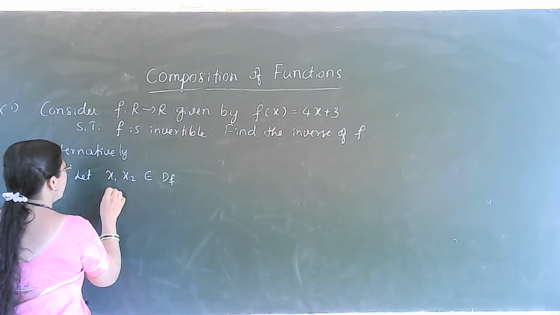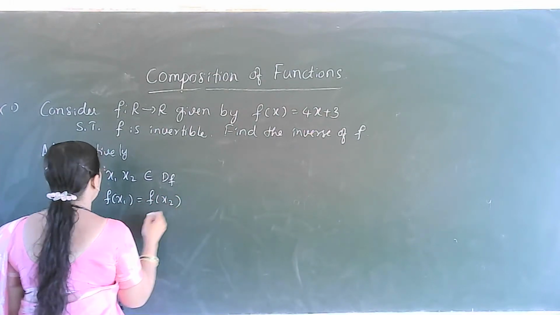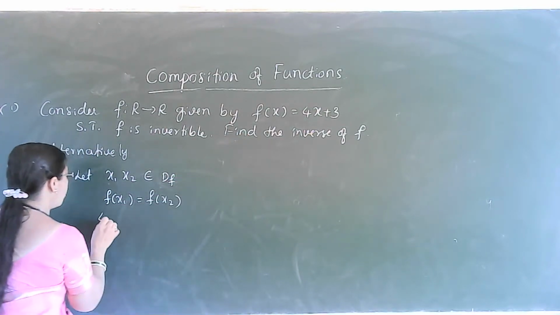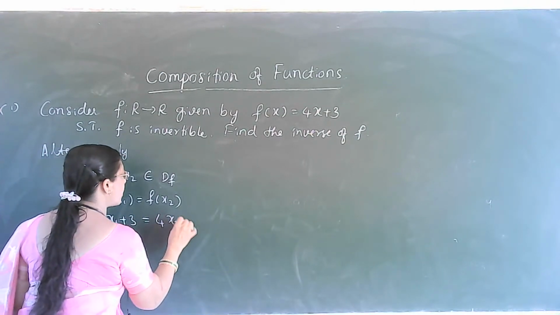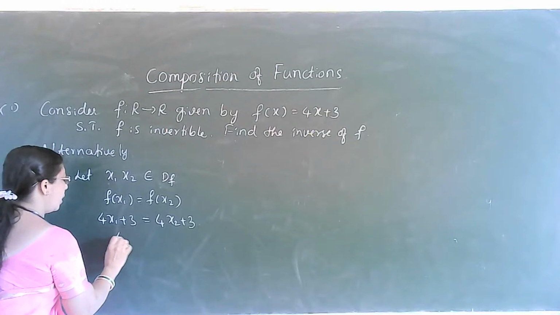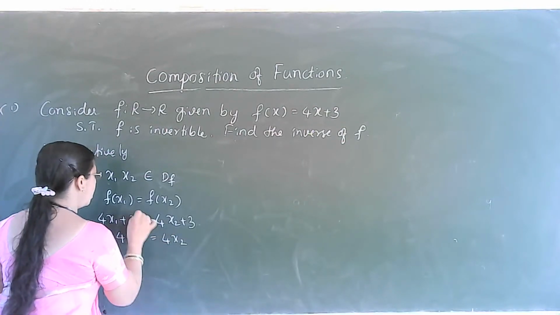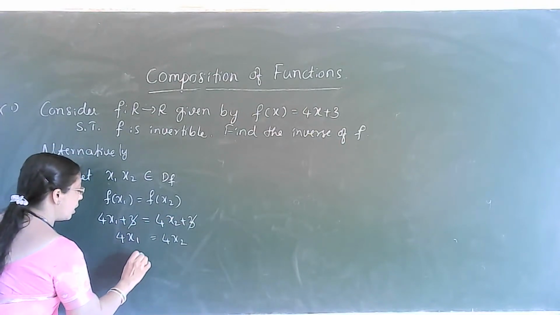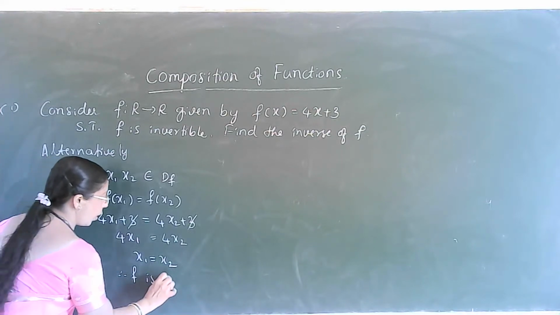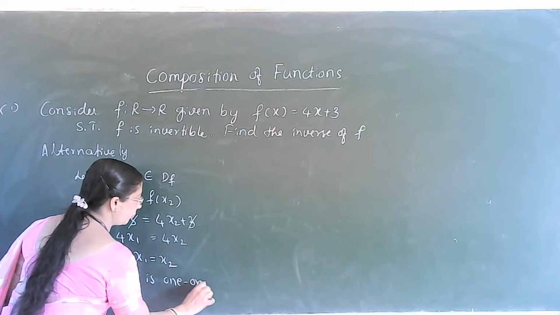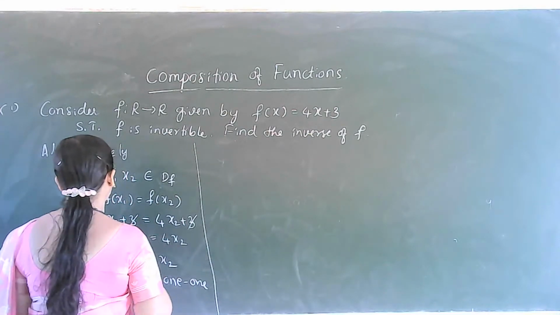It's R. f of x1 is equal to f of x2. f of x1 is equal to 4x1 plus 3, is equal to 4x2 plus 3. Then 4x1 is equal to 4x2, 3 gets cancelled. x1 is equal to x2. Therefore, f is one-one. You already know about this.